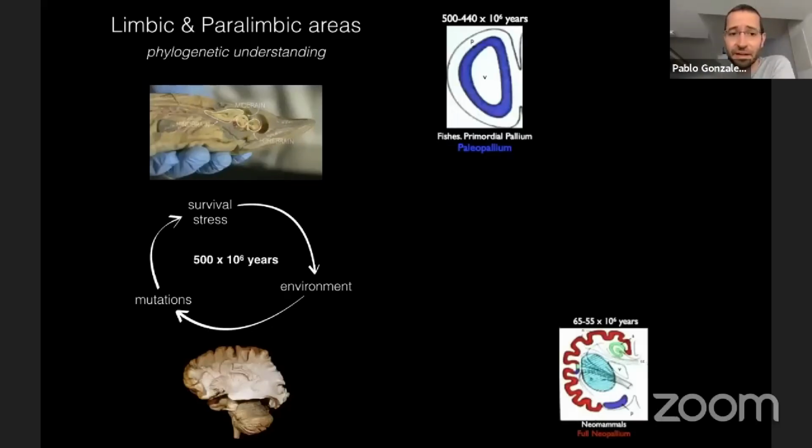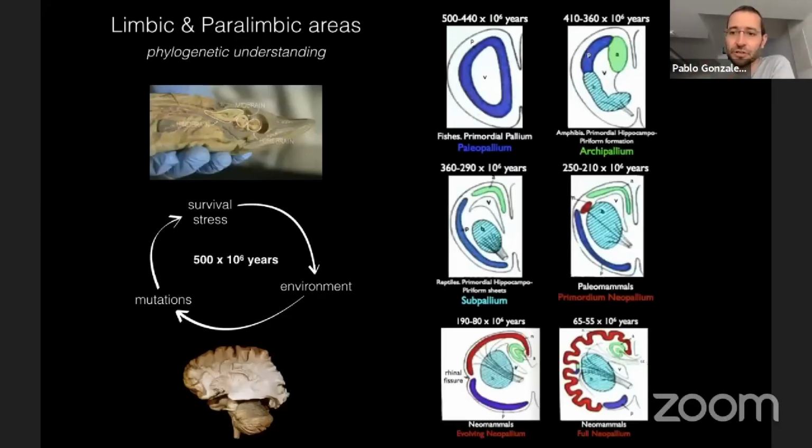In 500 million years, the brains of the first animals, the fishes, became what we have now. If we analyze the evolution of this CNS growing, we will see in green the limbic areas, the archipallial and some of the paleopallial regions, which with the development of the CNS are being pushed, as you can see, to the medial aspect of the hemisphere.